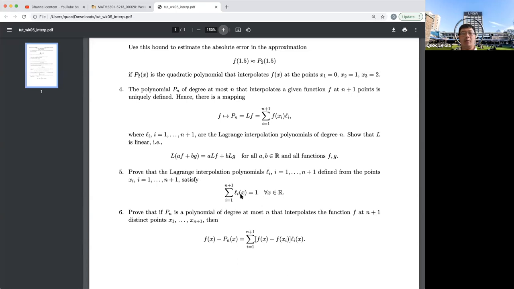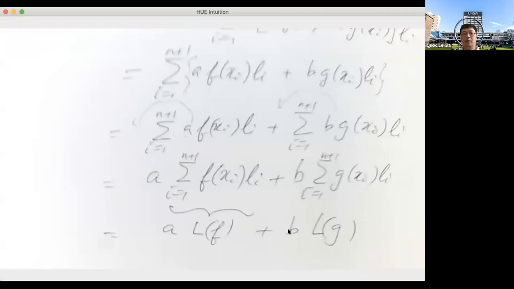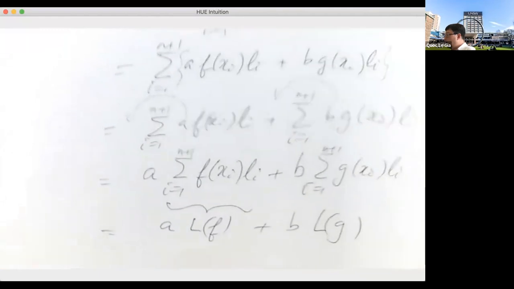Now how do we prove it? First, before we prove it, let's check whether it's correct or not. I want to check whether the theorem is correct.